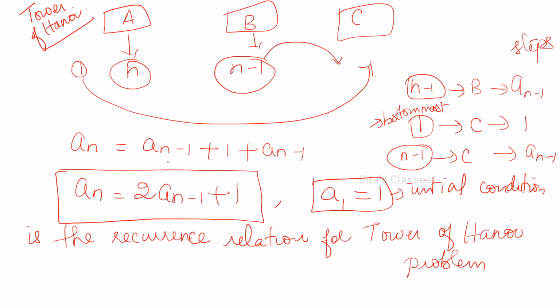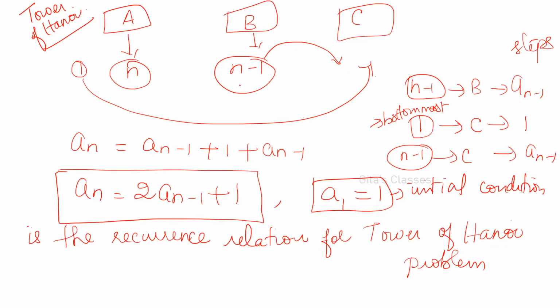In that, the first idea is you transfer n minus 1 discs to tower B, and the remaining 1 goes to C. We have some conditions: just like that, you cannot keep all the discs outside and arrange them. So we have to transfer from A to C, and for the n minus 1 discs we use tower B as an auxiliary tower.